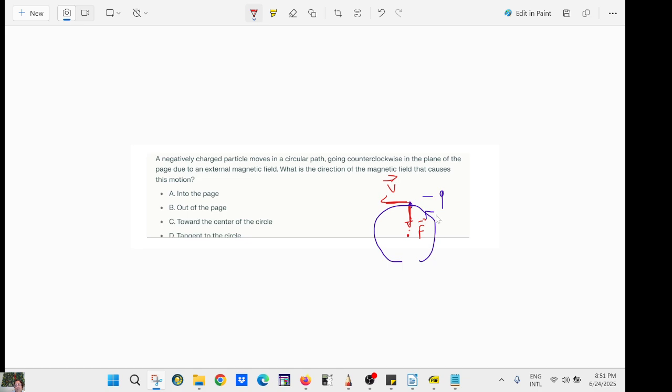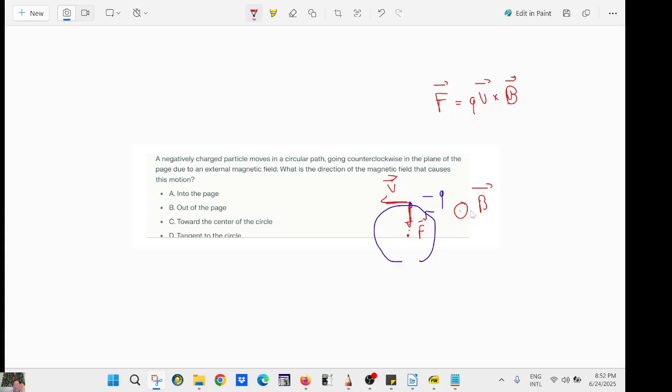So the magnetic field has to go into the page or out of the page. So you have to use the right hand rule, except that in that case, because the charge is negative, you can use the left hand instead. So if V is to the left, and you want F to be down, then you need B to be towards you.